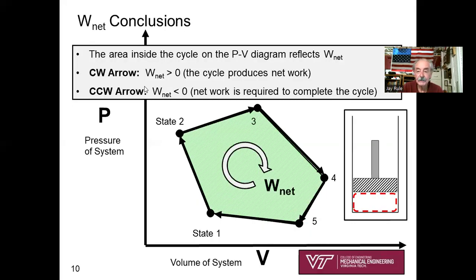Okay, so here are some conclusions from that little exercise. The area inside the cycle, see how the cycle scopes out a certain area, doesn't it? In the PV diagram, the area inside that cycle reflects W net. Now you've got a visual look at the net work.